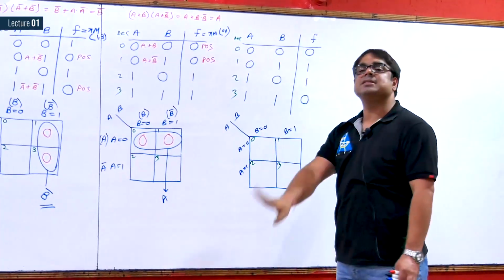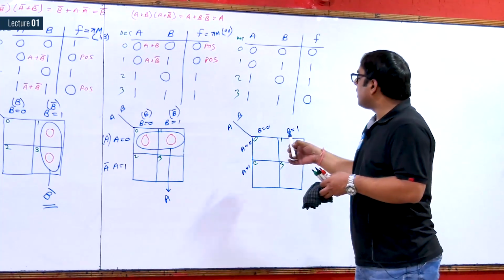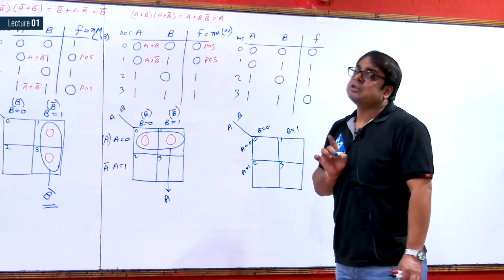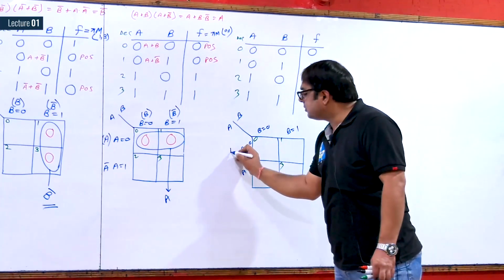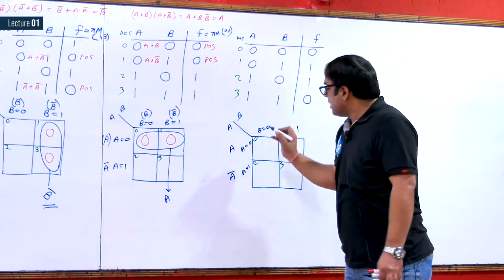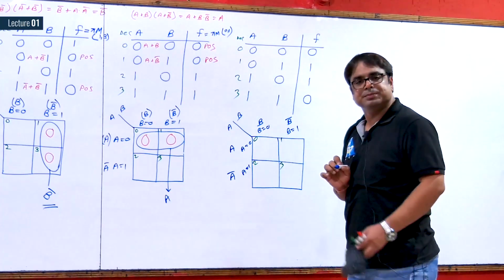Till this point, it is irrespective. Now see, what is the difference? In POS, 0 corresponds to normal, 1 corresponds to complement.